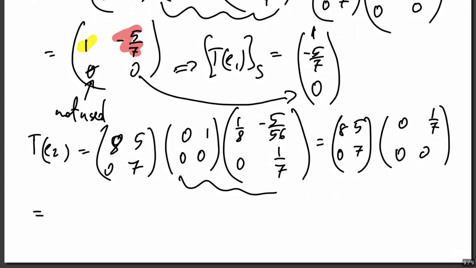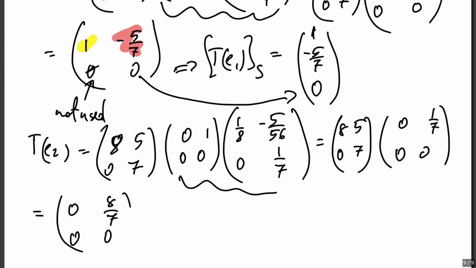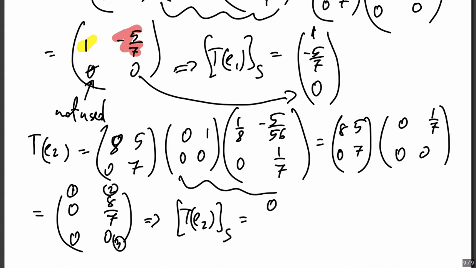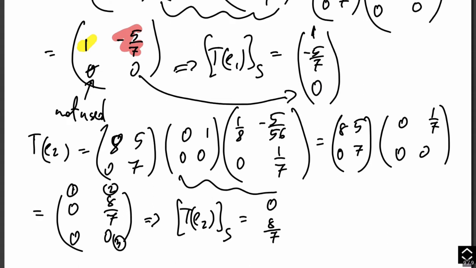And this becomes 0, 8 over 7, 0, 0. That has coordinate representation, the coordinate matrix in the S basis. So we go 1, 2, and then 3, the 3 components. So this is 0, 8 over 7, and 0.